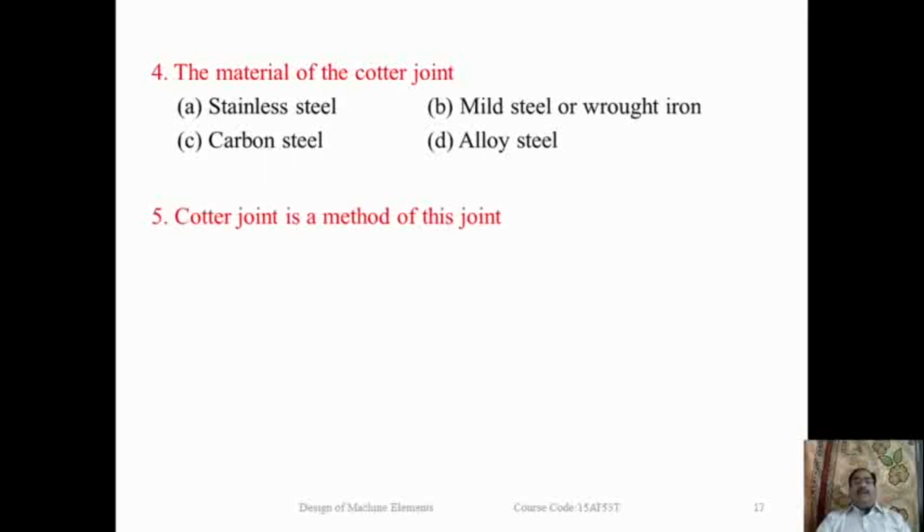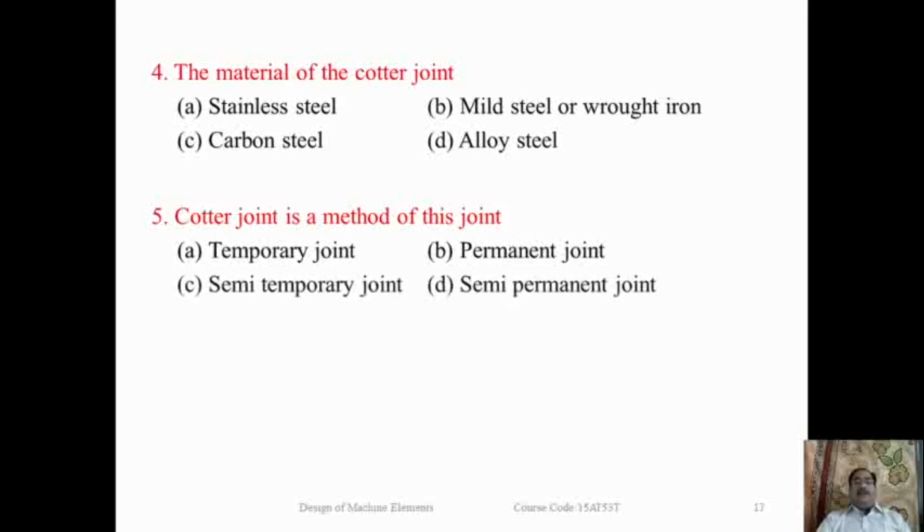Fifth one. Cotter joint is a method of this joint. The options: A. Temporary joint, B. Permanent joint, C. Semi-temporary joint, and D. Semi-permanent joint. We have already studied that we have two kinds of joints, temporary joint and permanent joint.